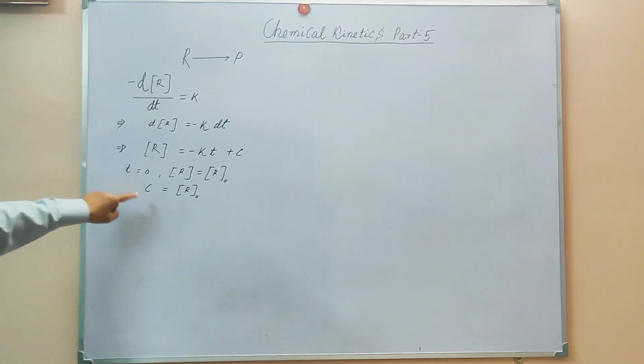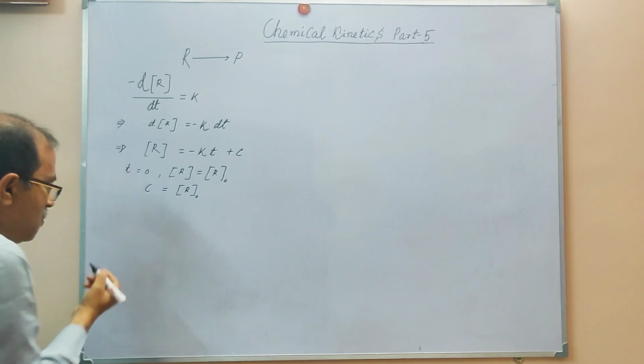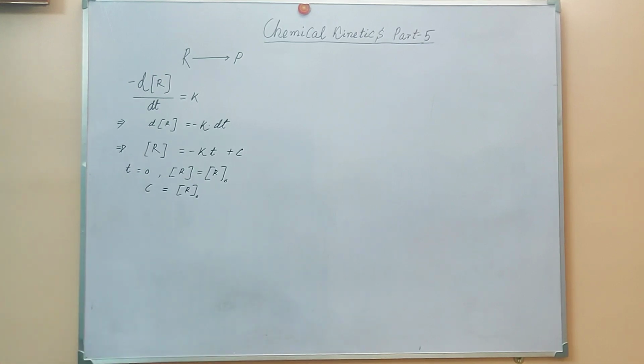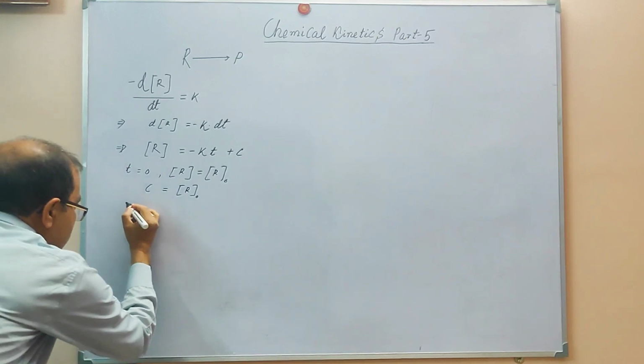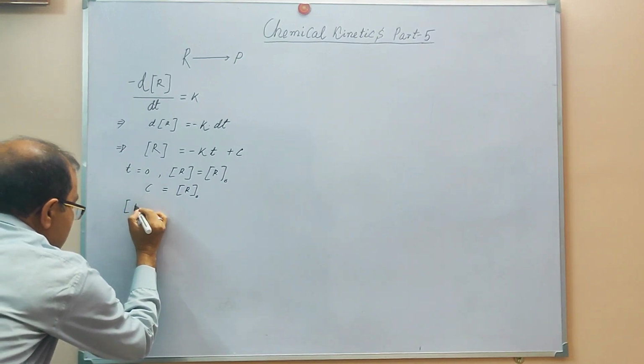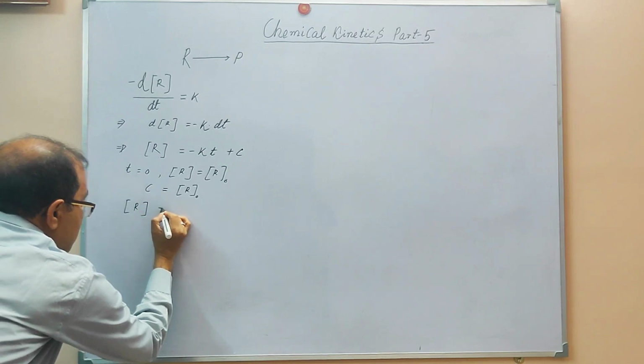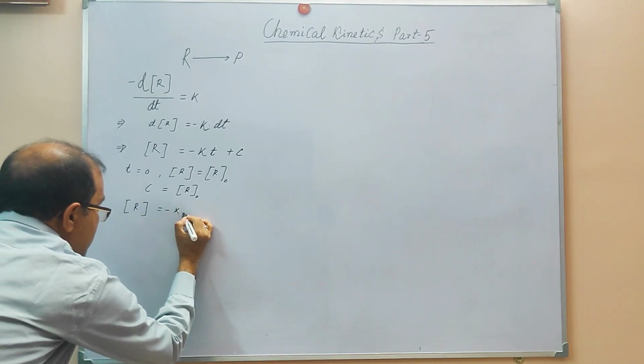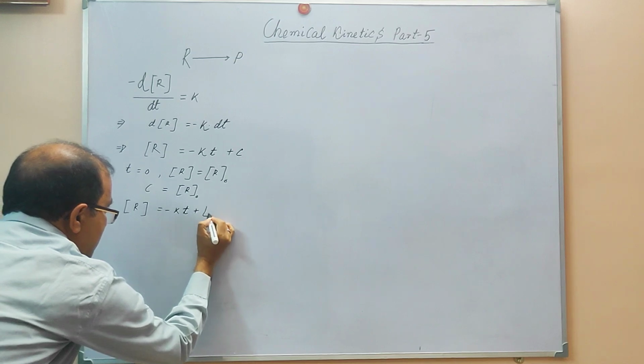Now putting these values here, we get the integrated rate equation: R equals minus Kt plus R0.